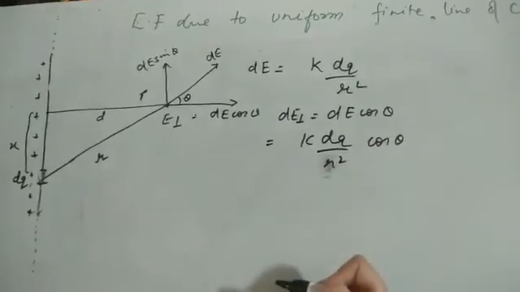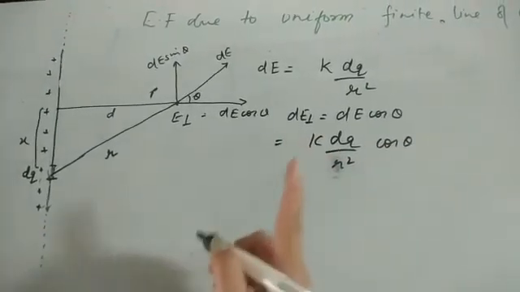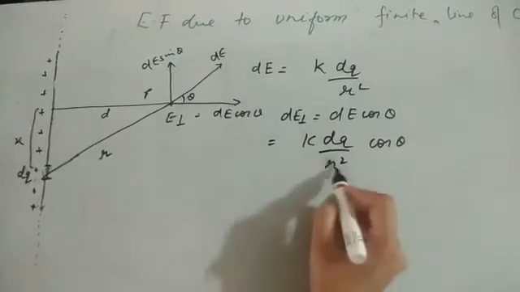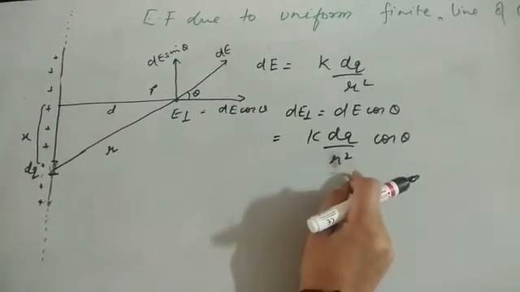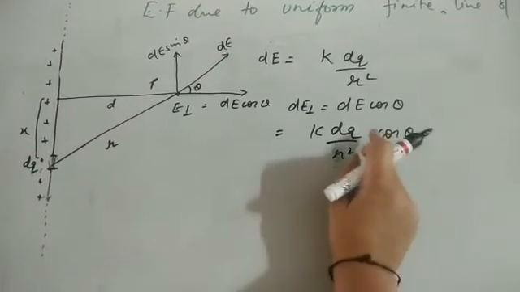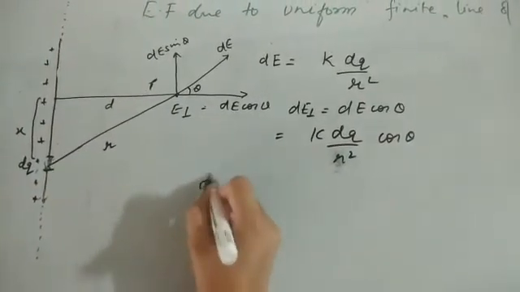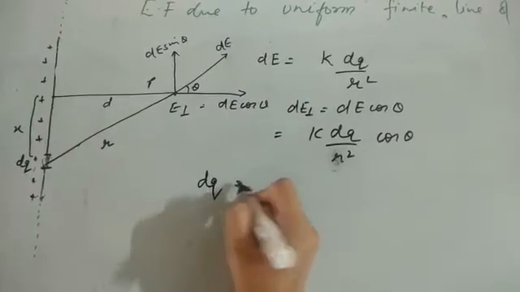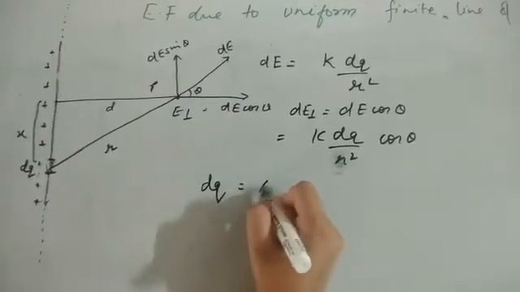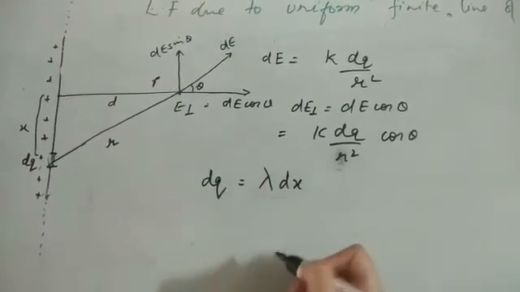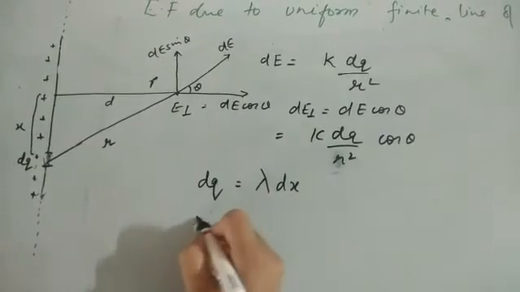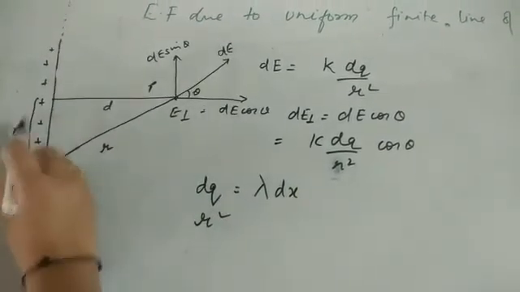Now again you see in the question, we have a variable r and dq also. Since we had a line charge, what can we write as dq in terms of lambda? It is lambda dx. And what is r square? It is x square plus d square.